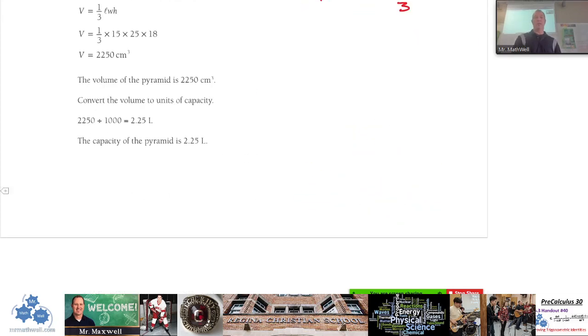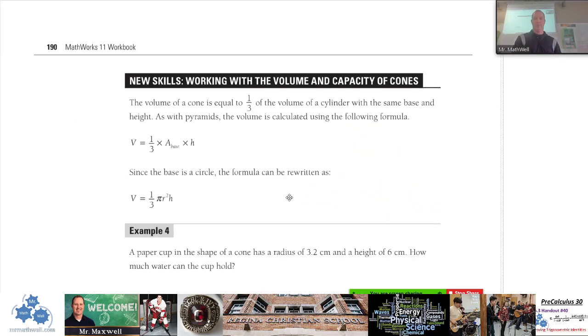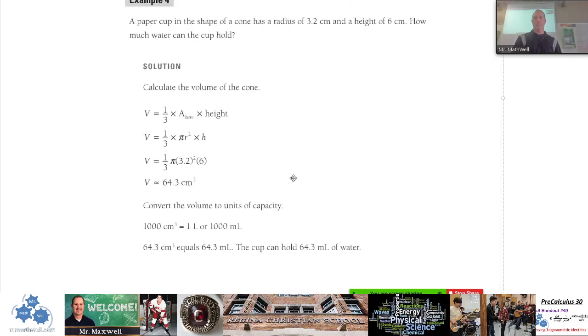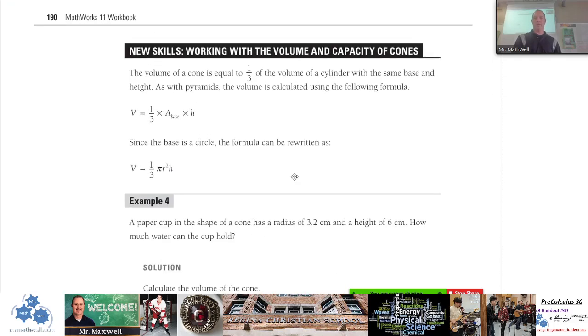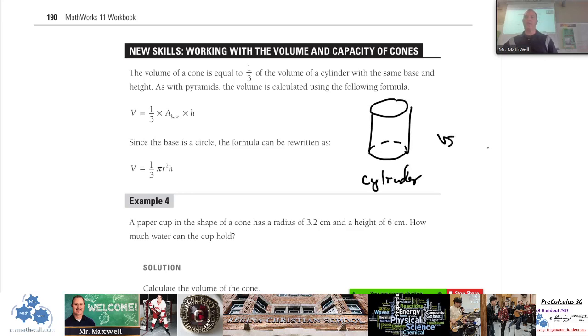So consider a cone, right? A cone. Now I don't have a diagram here. Okay. Yeah. So a cylinder is a circular prism. There's a cylinder versus a cone. Looks like this, and again, it's like a pyramid, a cone, a circle pyramid, comes to a point.